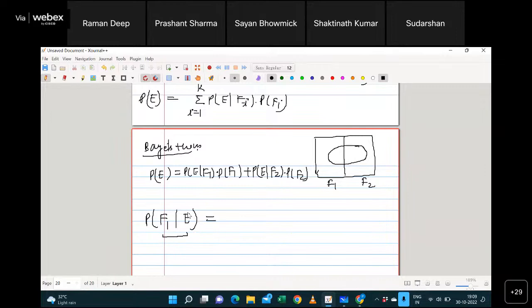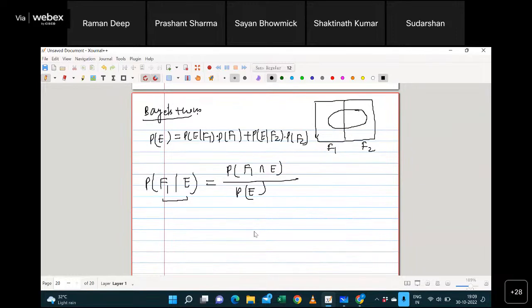So here I can apply the conditional probability formula. I can write probability of F1 intersection E divided by probability of E. Probability of E we have already found by the law of total probability. Now we need to find probability of F1 intersection E.